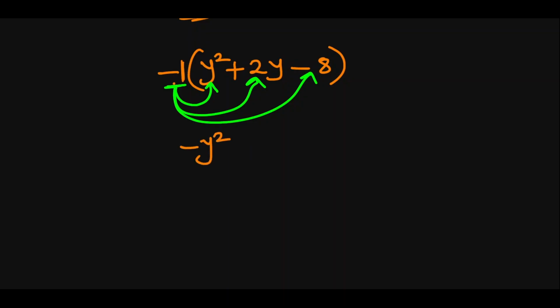Minus 1 times plus 2y gives us minus 2y. And then minus 1 times minus 8 gives us plus 8. So what basically happened here is that all the terms were just rewritten, but the operators changed to their sibling. You see, plus here became minus, plus here became minus, and minus here became plus.